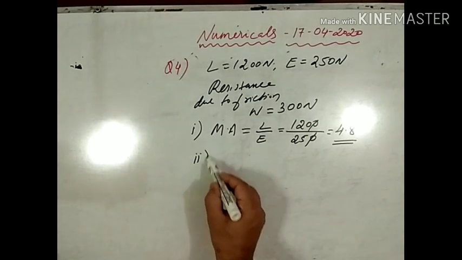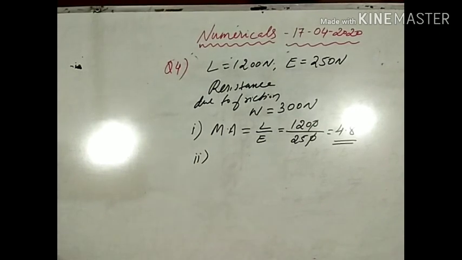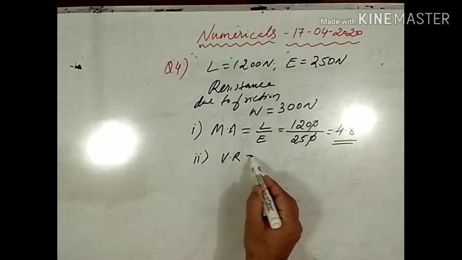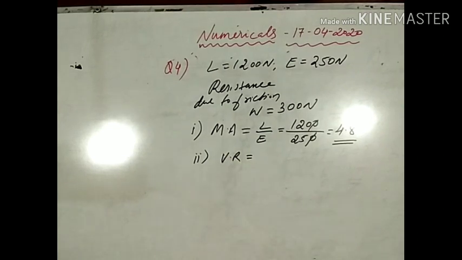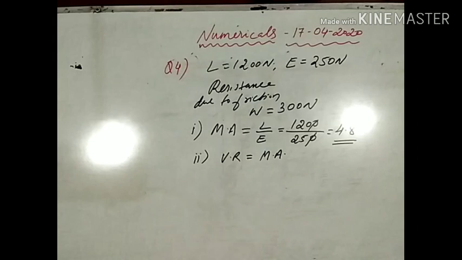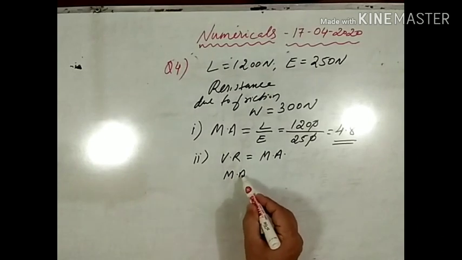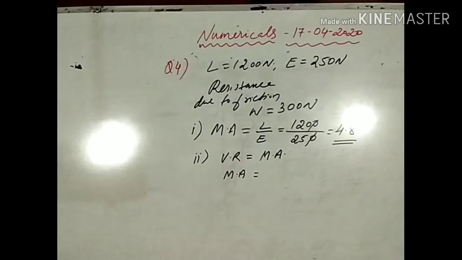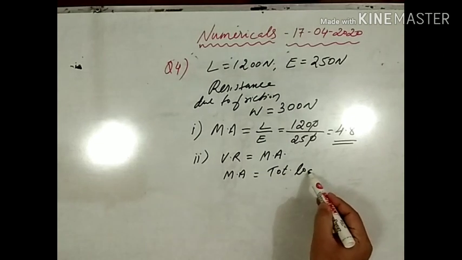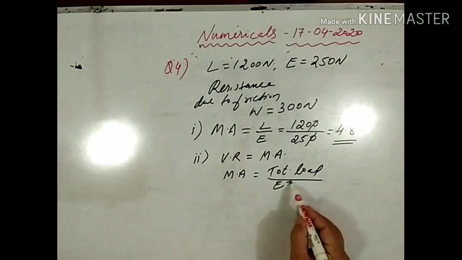What is the second part of the question? Velocity ratio. You have to calculate the velocity ratio here. So, velocity ratio, you know that it is equal to the ideal mechanical advantage. Mechanical advantage is equal to total load upon effort.